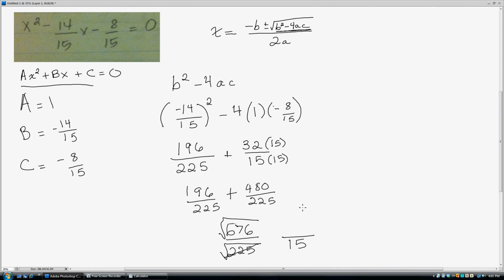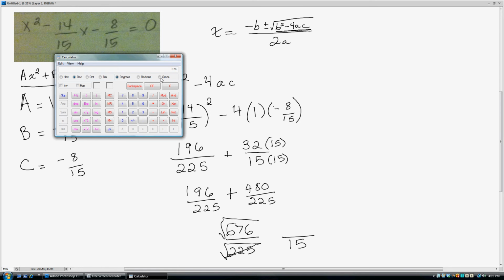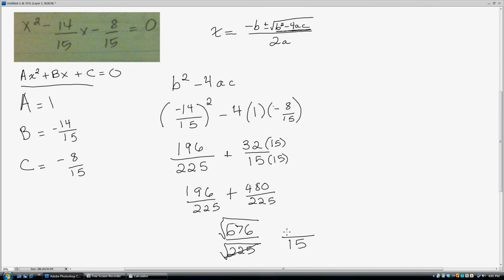And now we've got to take the square root of 676. Obviously, you can break this down with perfect squares. One of my favorite tricks is always find out first whether or not it's a square root. I'm going to raise it to the 0.5 power. And it turns out this is a perfect square root, and it is 26.